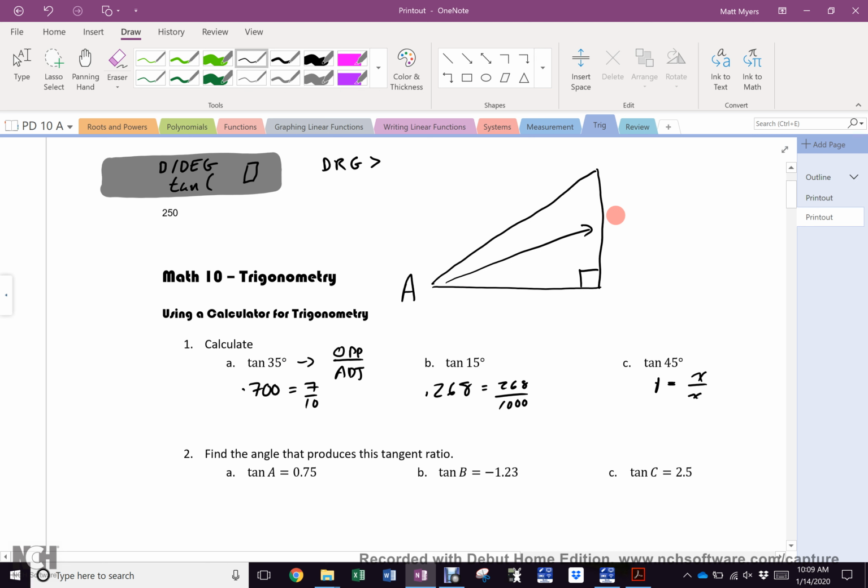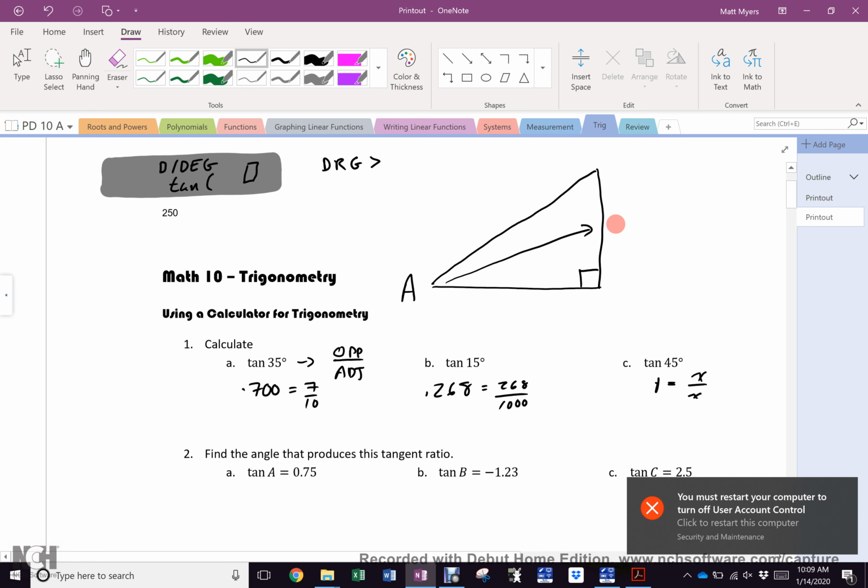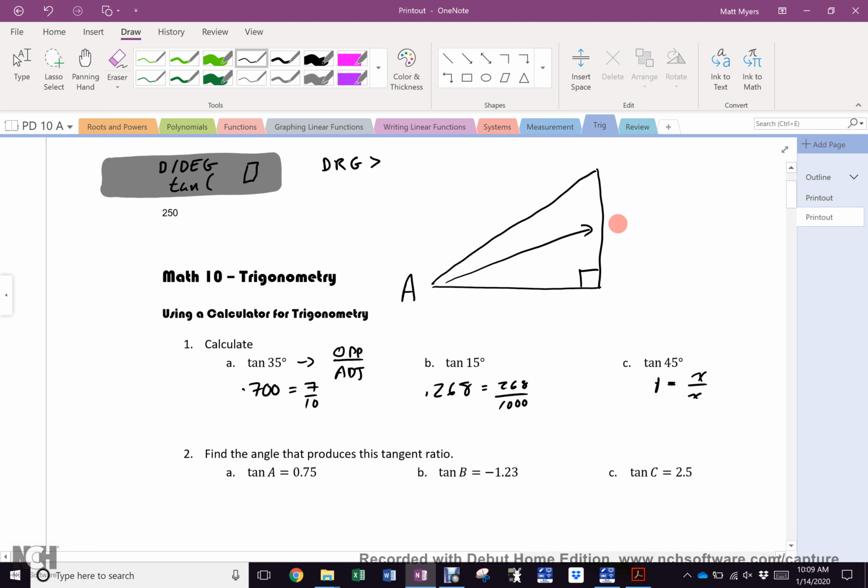If angle A is 35 degrees, tangent is opposite over adjacent. Here I am at opposite. What number would I write there? 7. What number would I write there? 10. Why did I not write 10 here? Because that's the hypotenuse. Tangent compares the legs.